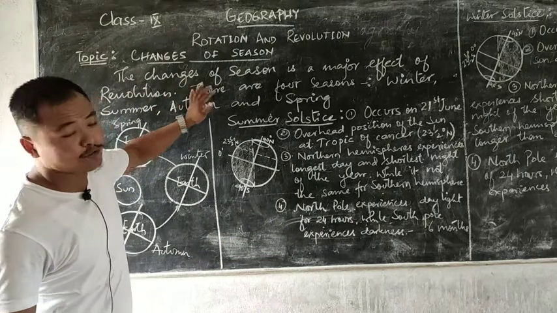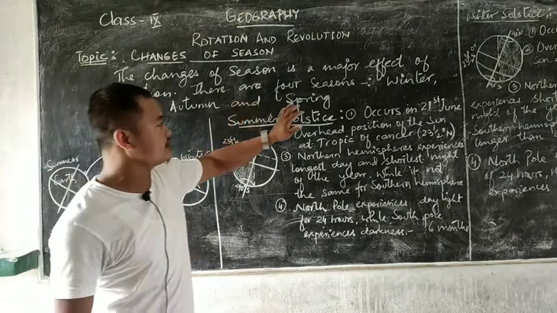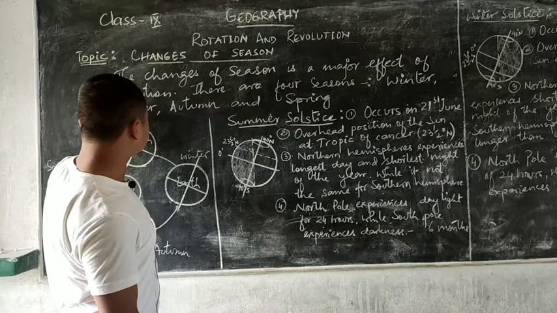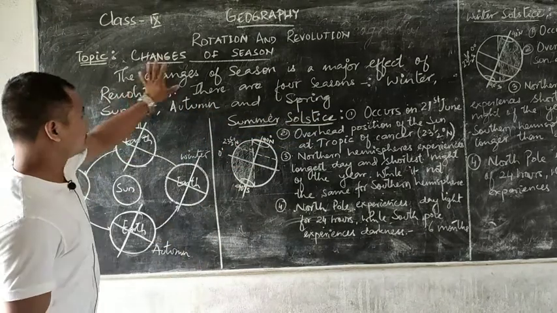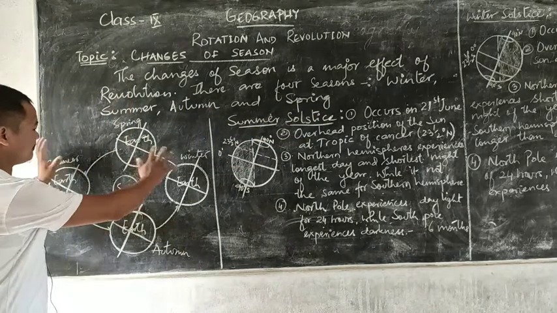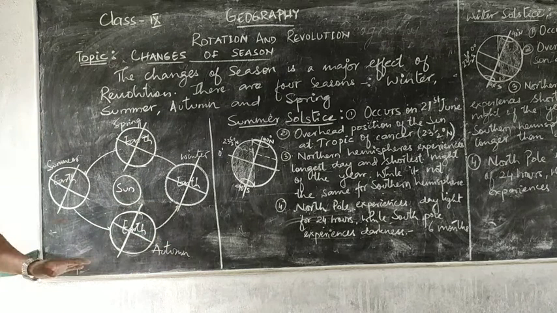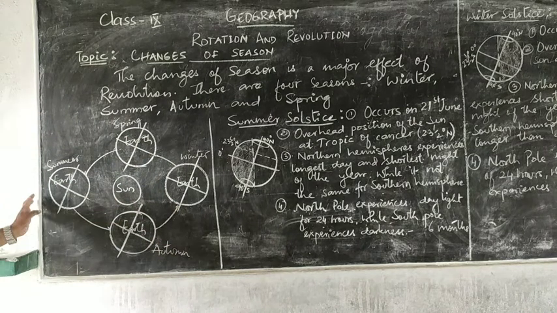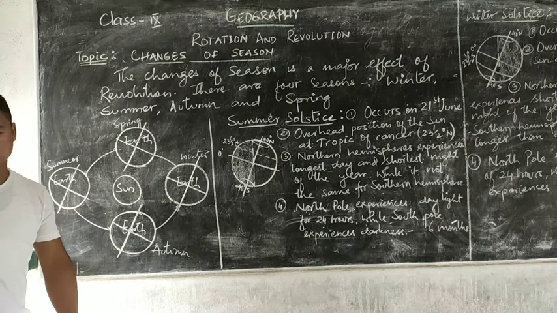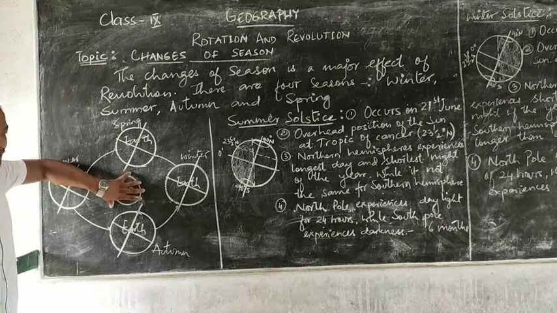Now there are four major seasons that we will discuss: winter, summer, autumn and spring. This can be explained with the help of this diagram. As we can see, the earth is positioned at four different locations considering its major positions in respect to the sun.